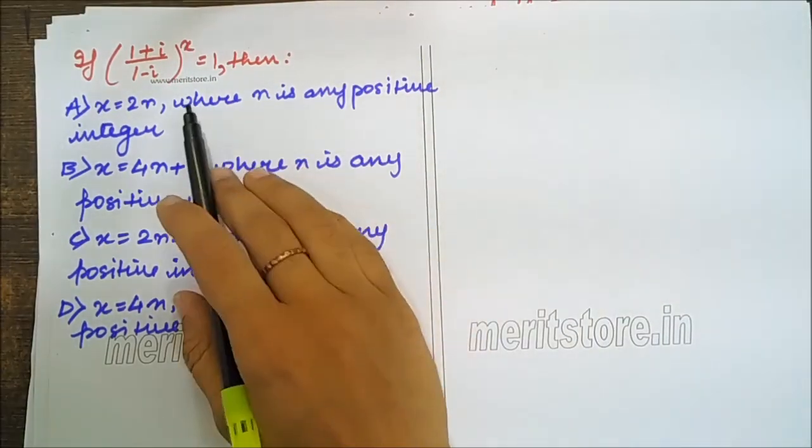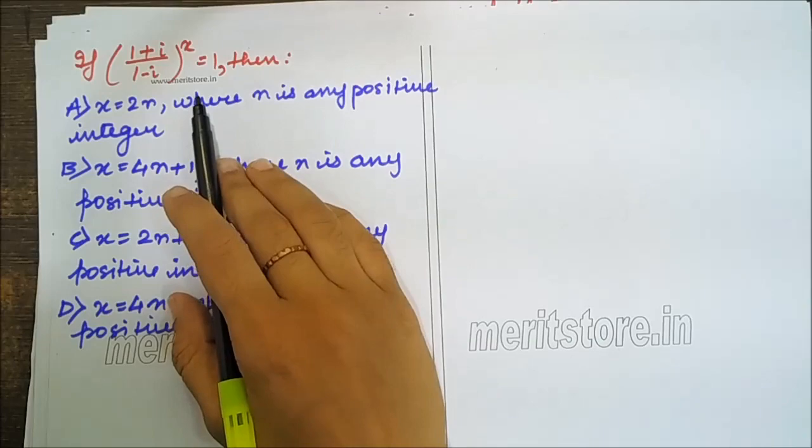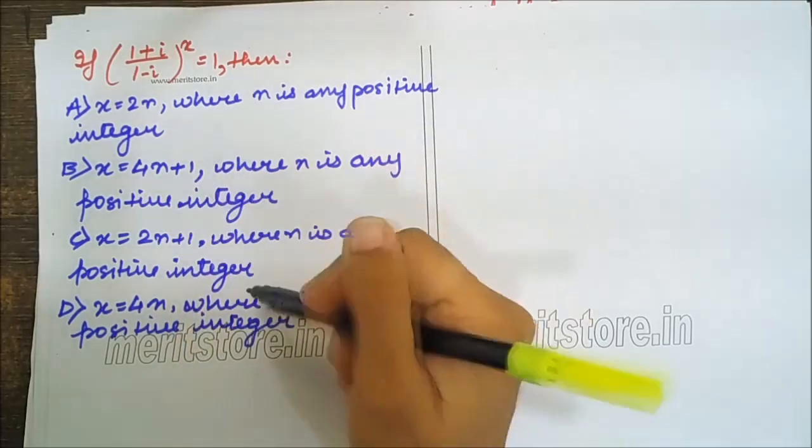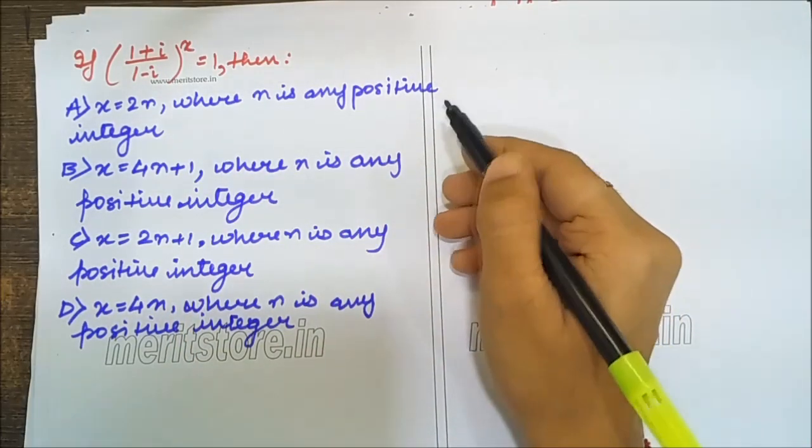If (1 plus i upon 1 minus i) raised to x is equal to 1, then you have to find the following.